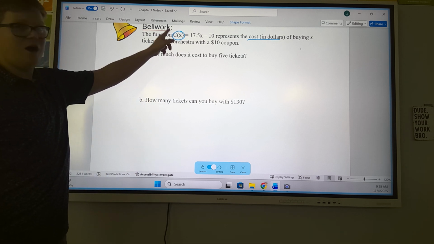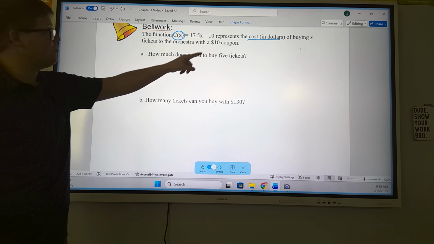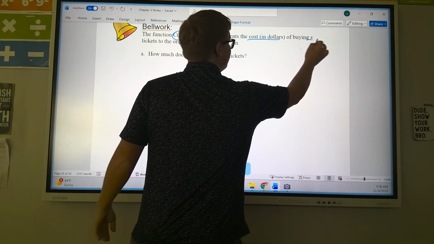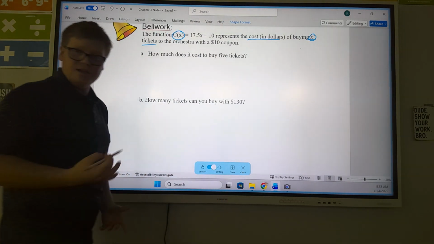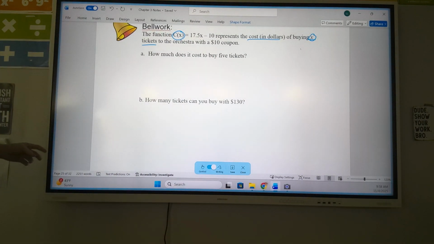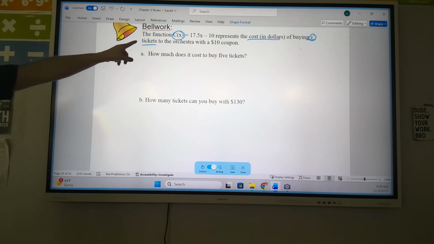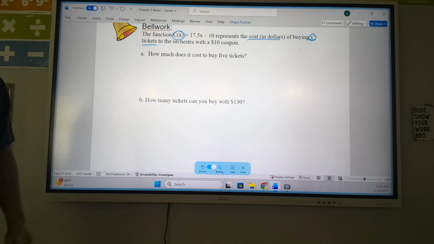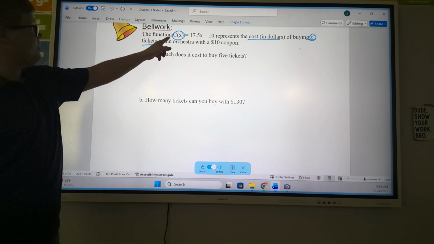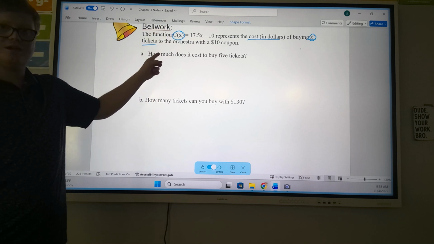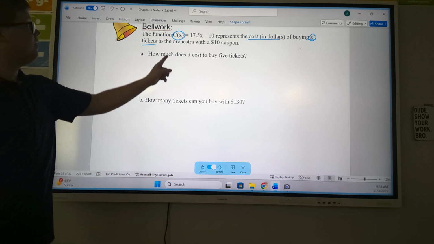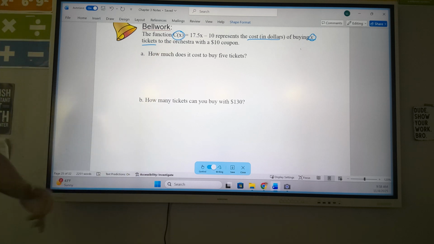The cost of x, because x represents tickets. X represents tickets, right? It tells us everything that we need to know. We have x representing tickets, and we know our function represents the cost in dollars. So this means the cost of tickets. X is tickets, cost multiplication of tickets, right? So we know that information. Now we can solve these two.